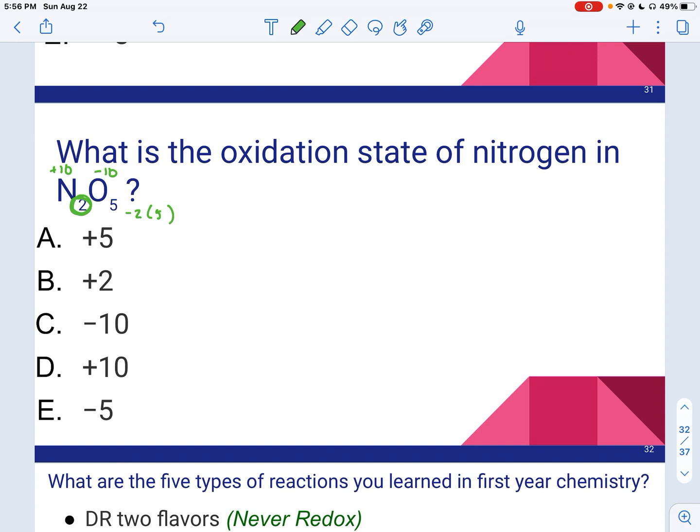So the actual oxidation state of nitrogen is not going to be +10, just like the actual oxidation state of oxygen was not -10. It was -2, which we multiplied by the subscript. So you're kind of working backwards on nitrogen. We need it to total up to positive 10, but we have 2 of them. So it's going to be positive 5.